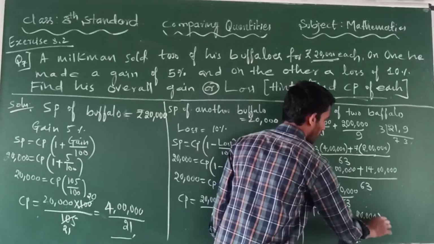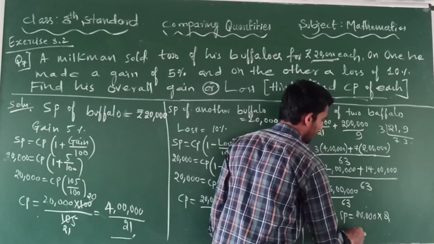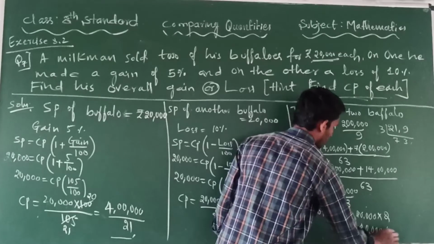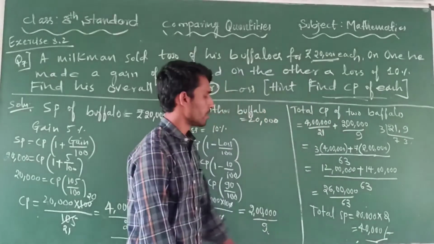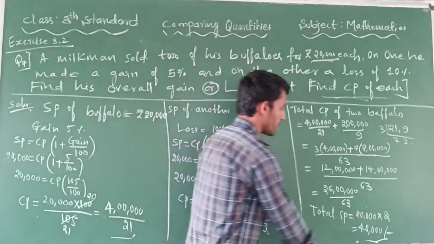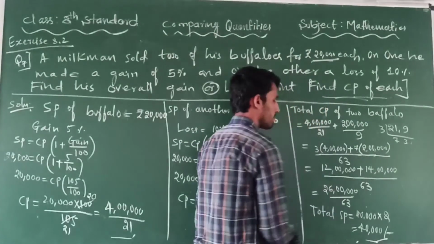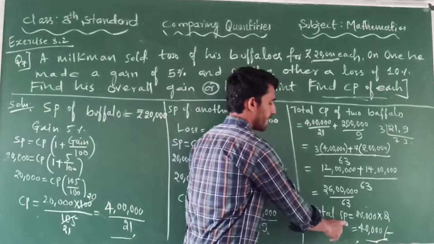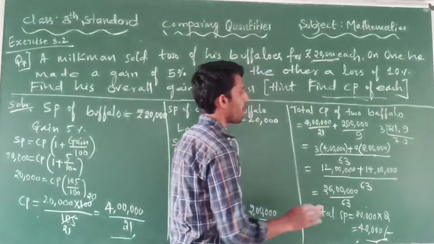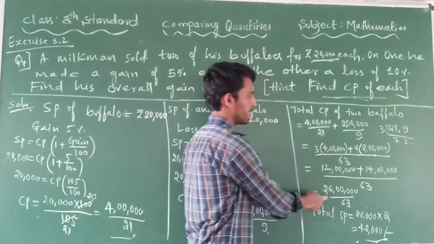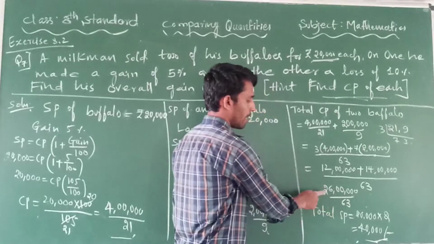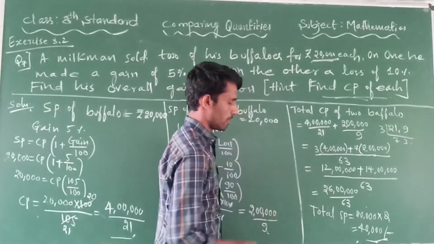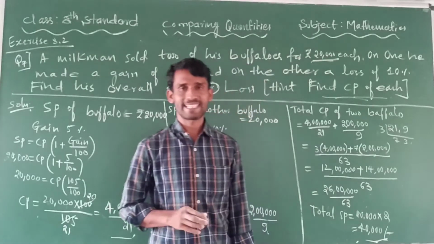Dear student, your answer here: total selling price is 40,000 rupees. The selling price is smaller than the cost price. Then this is a loss. So we have to find the loss percentage.